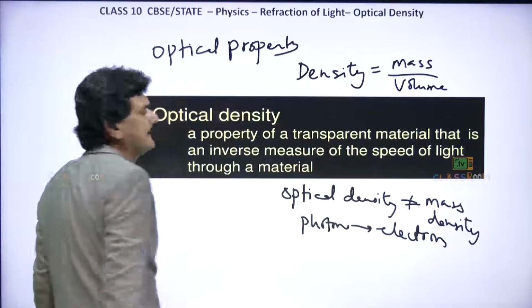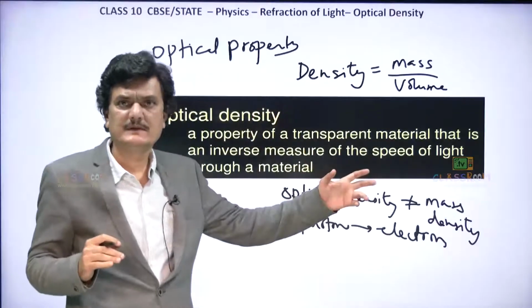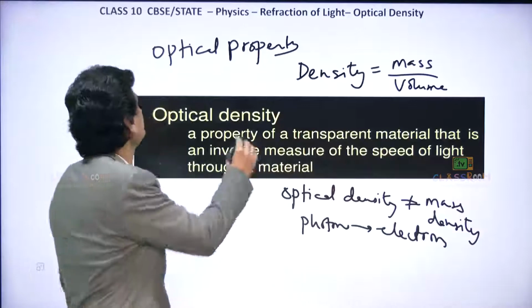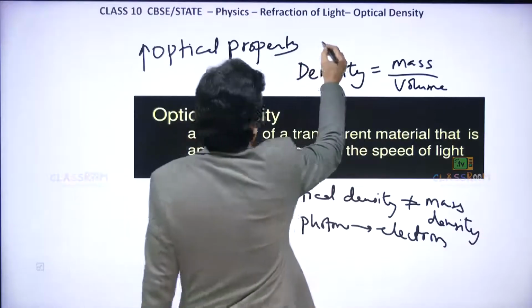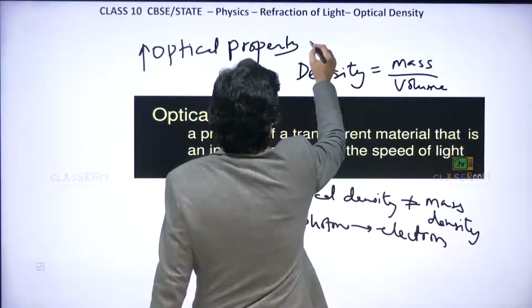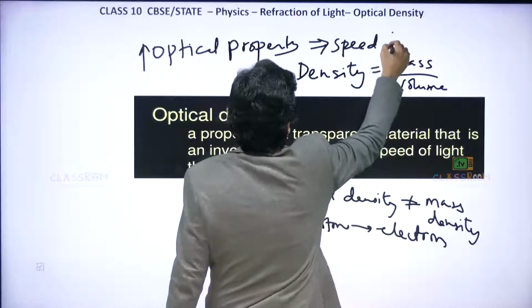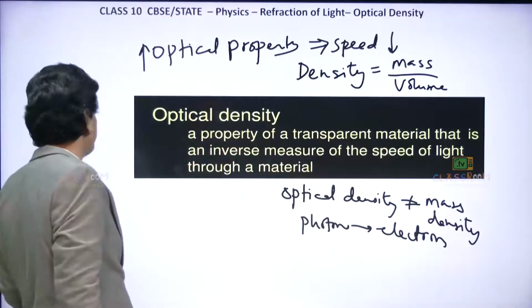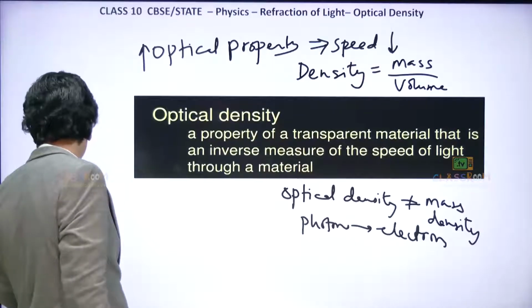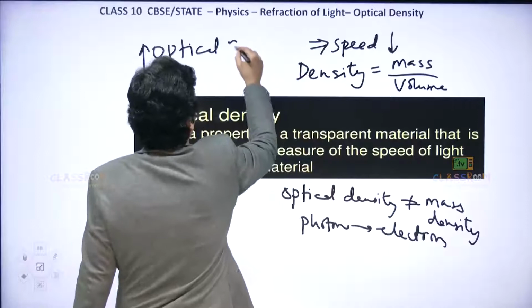And if the optical density increases, the velocity decreases. If the optical density increases, then the speed of the light will decrease.